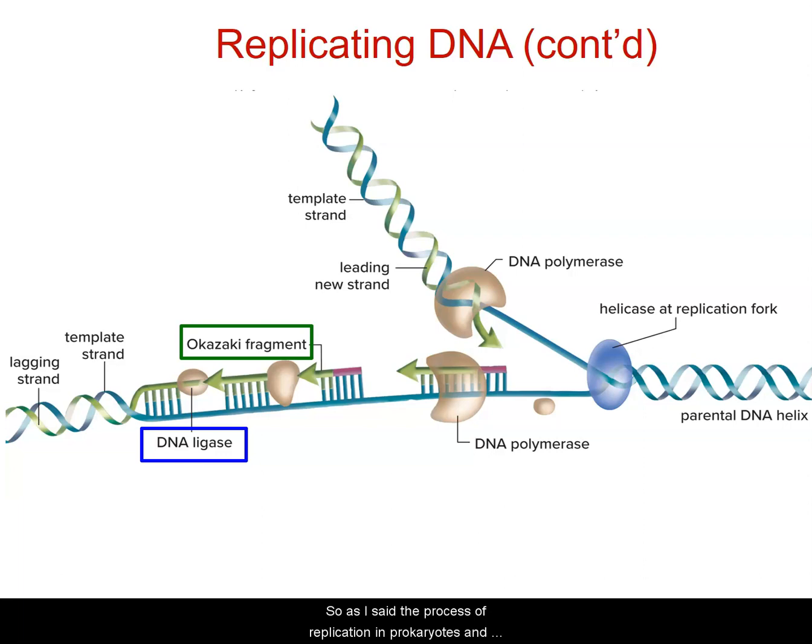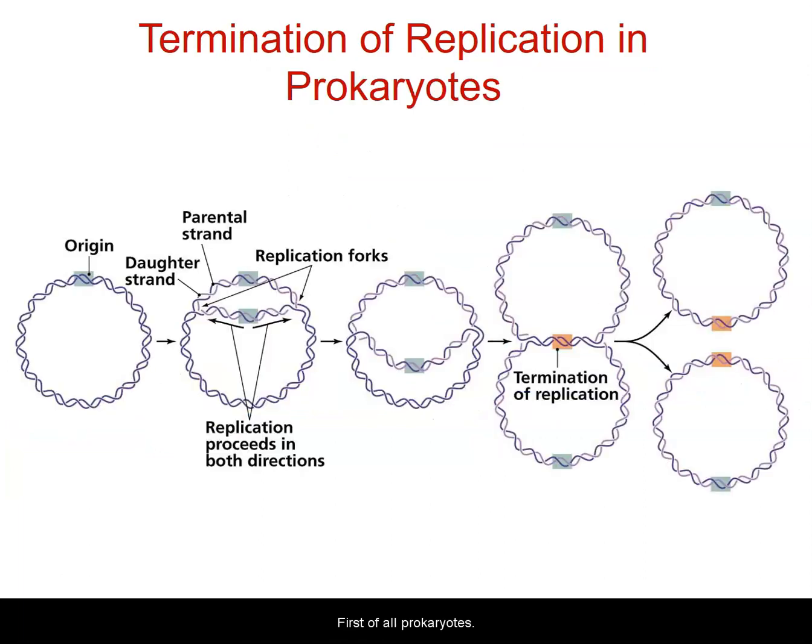So as I said, the process of replication in prokaryotes and eukaryotes is extremely similar. There's a few very minor differences. First of all, prokaryotes end replication basically when their circular DNA runs out. So here's the origin of replication here. You have one origin of replication.